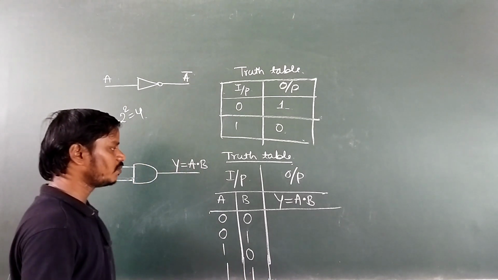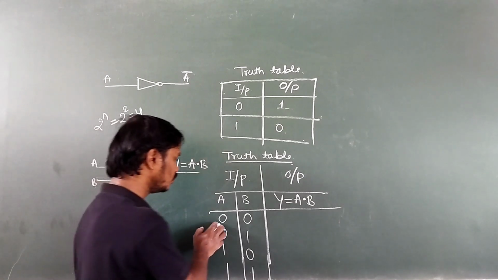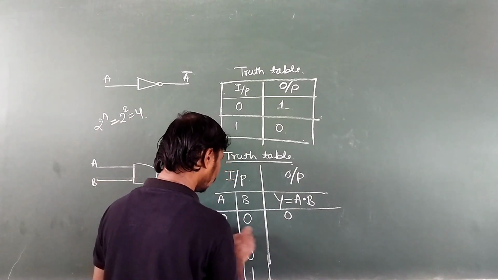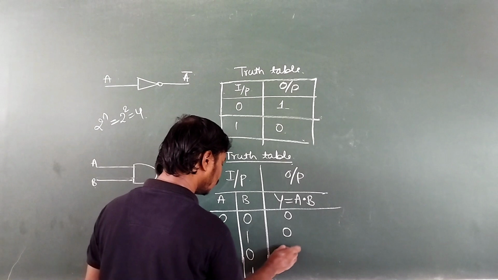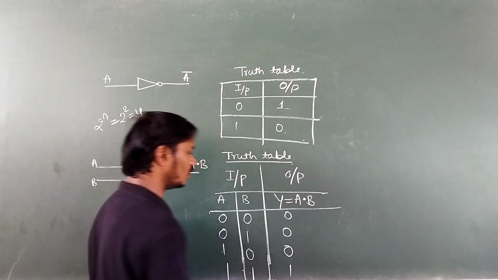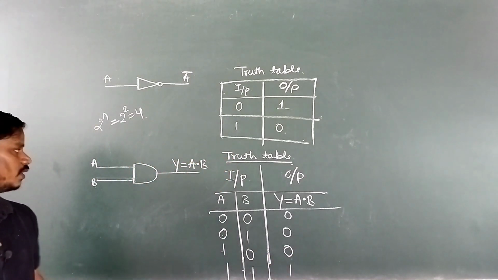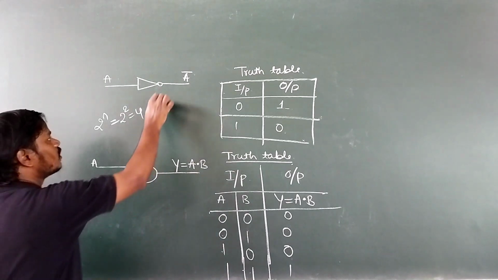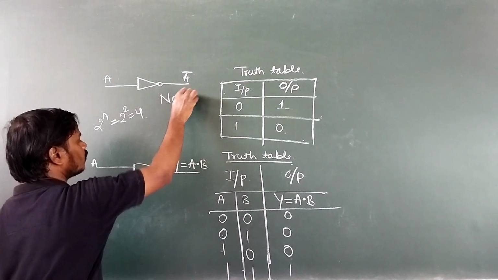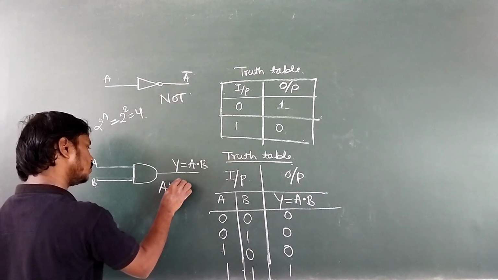The outputs are 0 and 0, 0; 0 and 1, 0; 1 and 0, 0; 1 and 1, 1. This is the truth table for which gate? AND gate. This is NOT gate, this is AND gate.